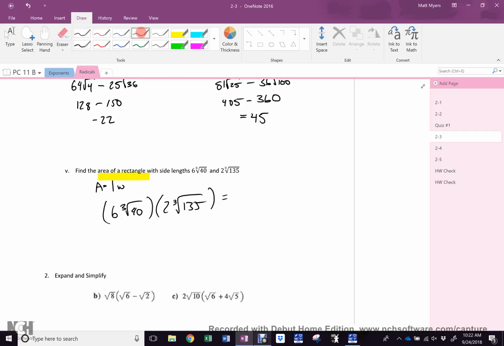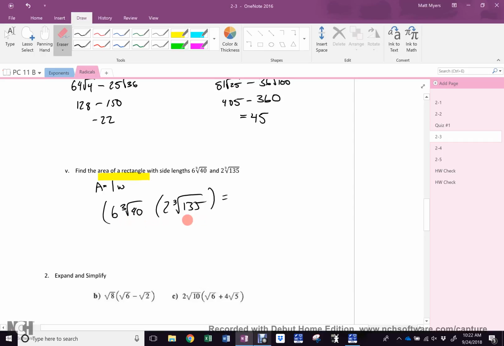Is it okay to do 12 cubed root 5,400? Is that okay? Is it also okay to simplify here and sort it out?